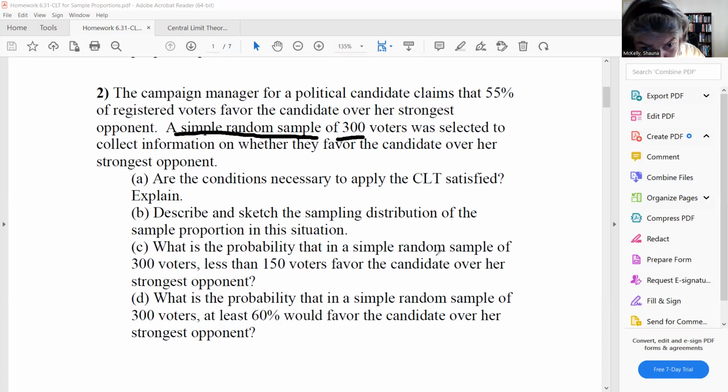So let's see. Okay, so as you remember, we have 3 assumptions and we have to write them out. So we have number 1.